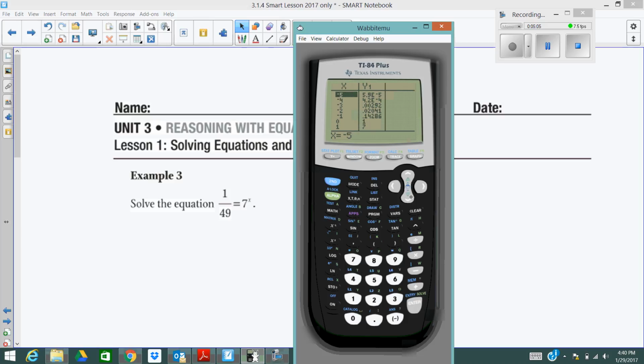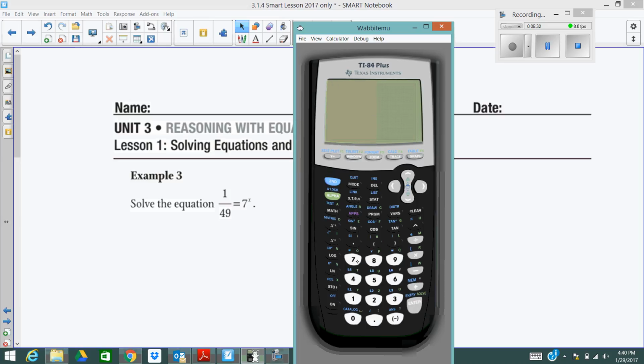Now the problem is I have no idea which one of these is 1 over 49, and I can't change this to fractions, unfortunately. I might be able to do it that way. Let's see. No. So we have an option.